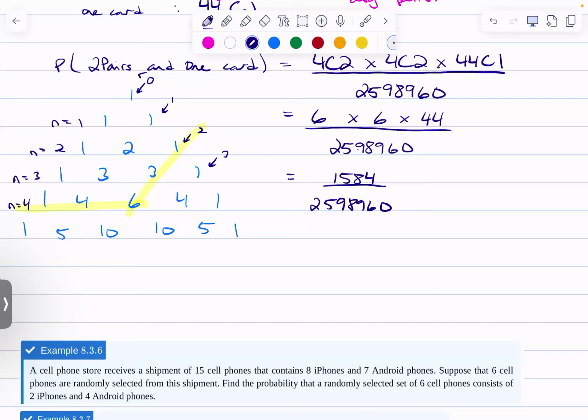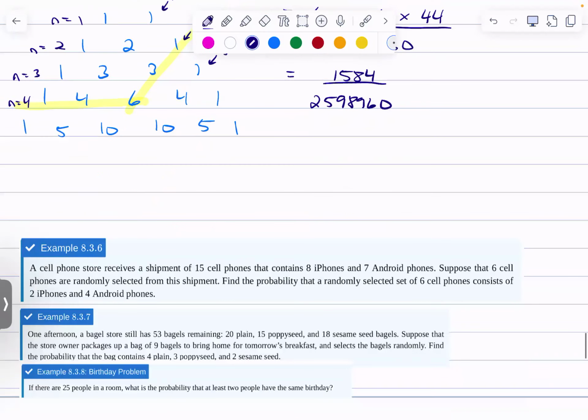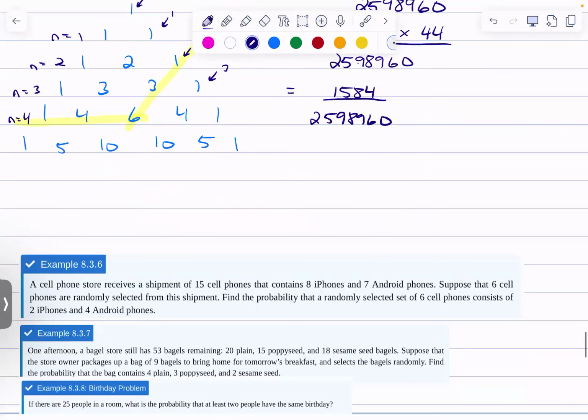Obviously not on the test, so just take a nap or something. But let's just say we have 13 choose 2 different pairs.